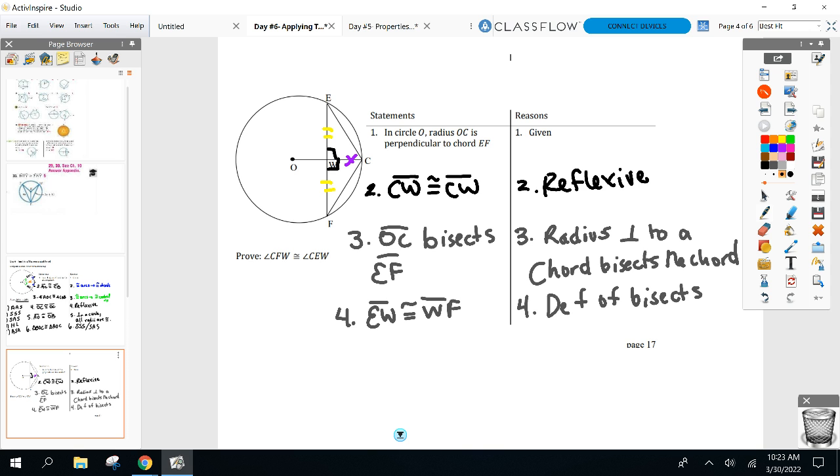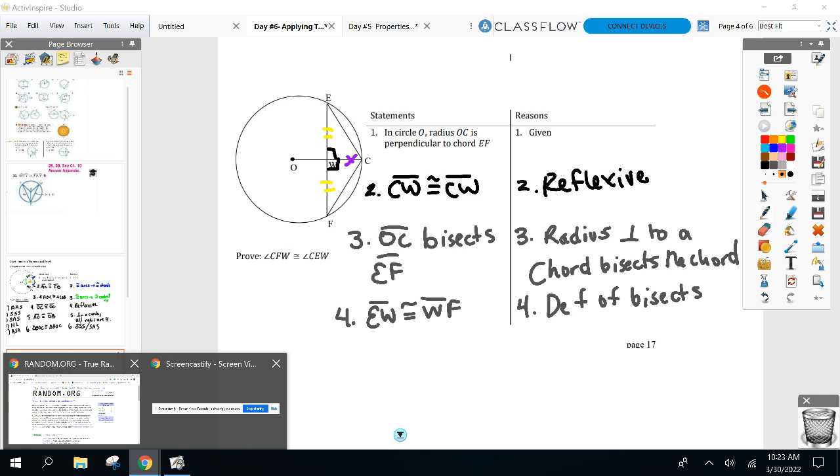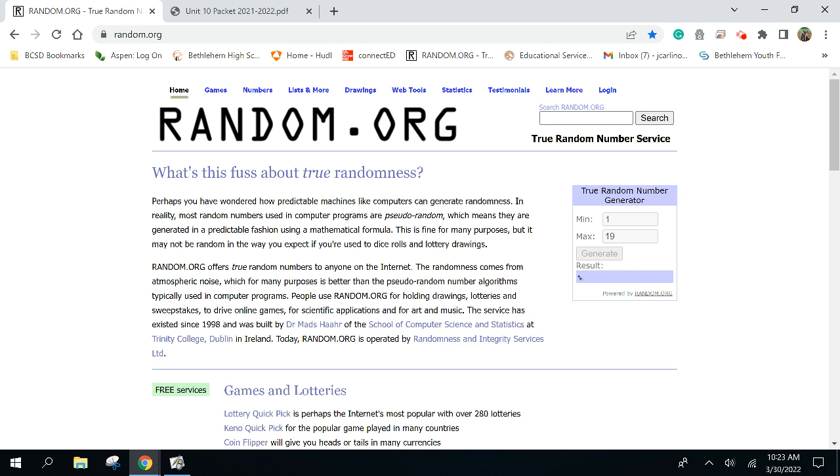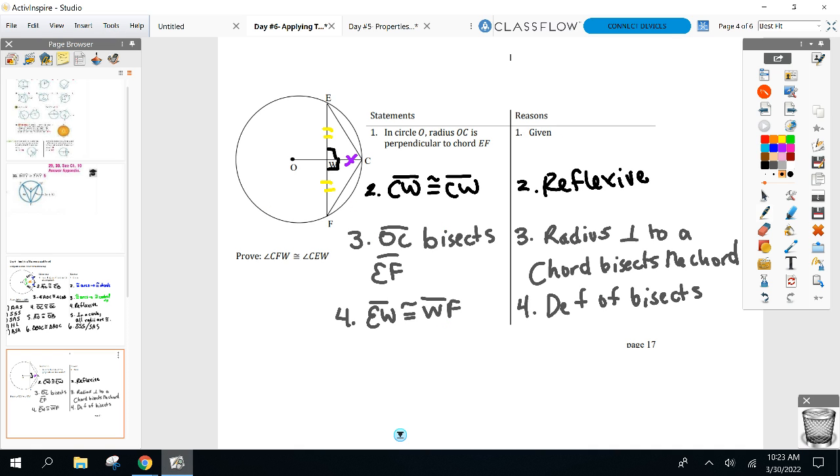There's got to be something else here I can write. I need one more pair of something. And don't overthink this. It's right there for you. Angle CWF is congruent to angle CWE. Remember, perpendicular first. Two-step process to say the right angles are congruent. You need to tell me first they are right angles. Angle EWC and CWF are right angles.